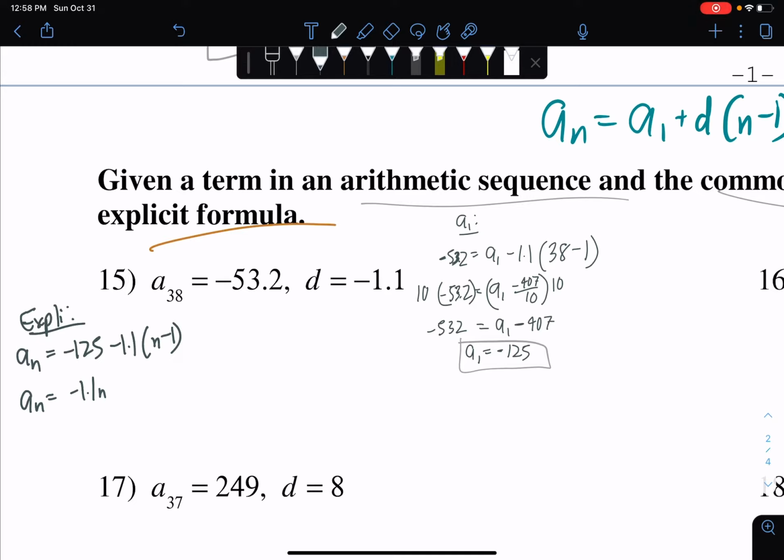Actually, what I've seen here in my calculator is quite a high value. Negative 123.9.